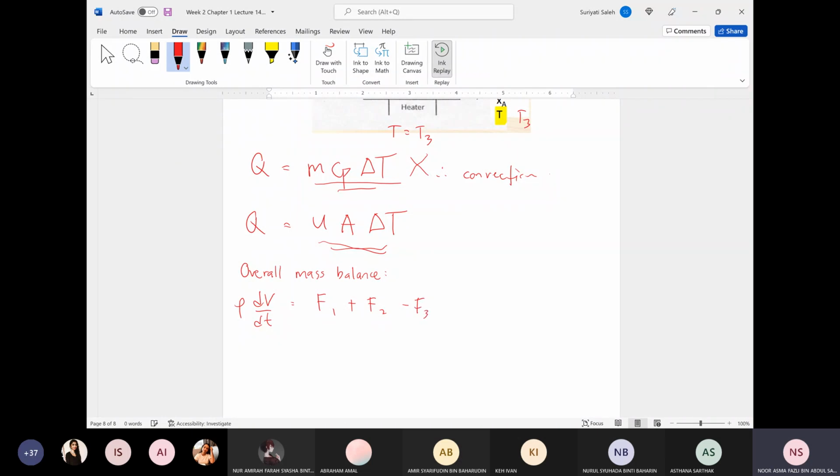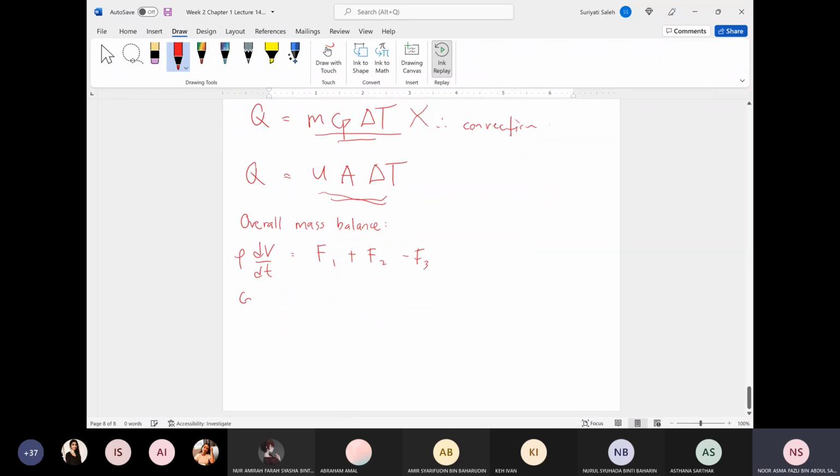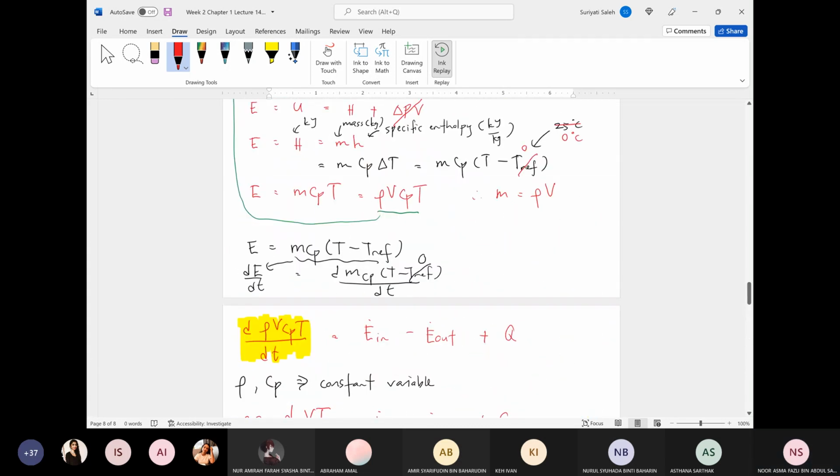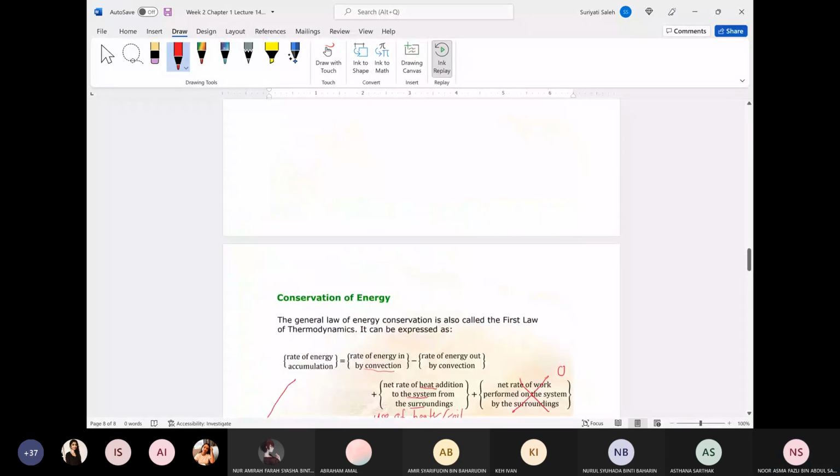And then we have the component balance. Component A balance is this one.